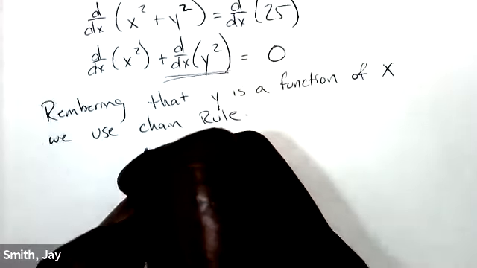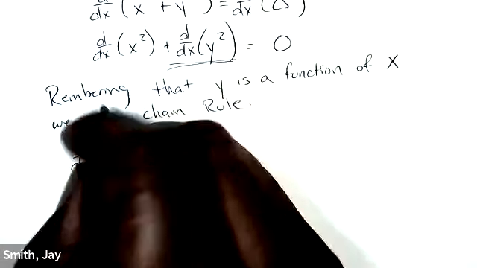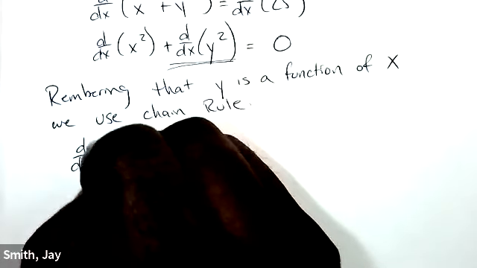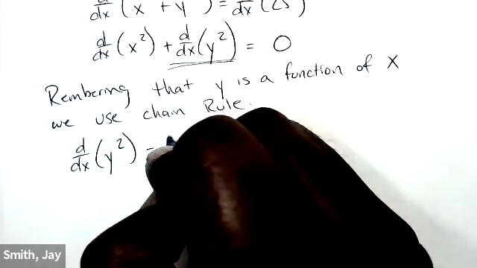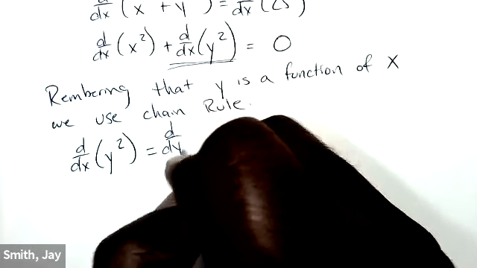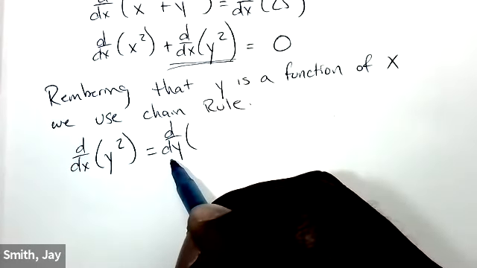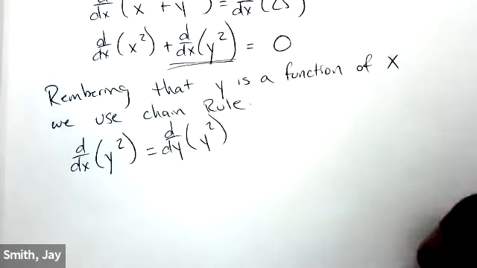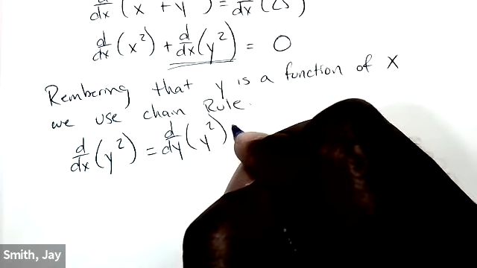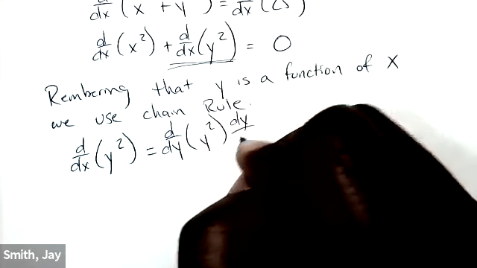So technically what we're looking for is d/dx of y squared, or the derivative with respect to x of something defined by y. Now, because it's defined by y, we really have to take the derivative with respect to y because that's the variable. So what we're doing is taking the derivative of the outer function, which would be that function defined by y, at the inner function, but we have to remember to multiply by the derivative of the inner function.